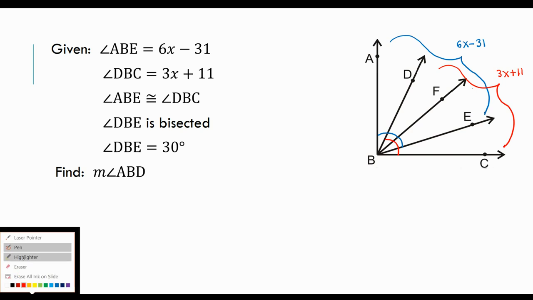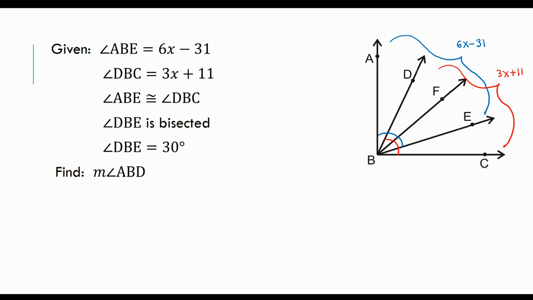Right off the bat, hopefully we notice that if I gave you 2 expressions for angles that are congruent, congruent means equals. So I'm going to set those 2 expressions equal to each other because I know I'm going to have to do something with x. Let's solve for x.